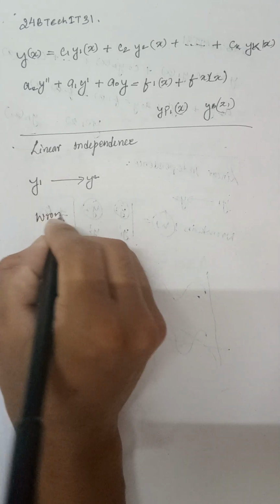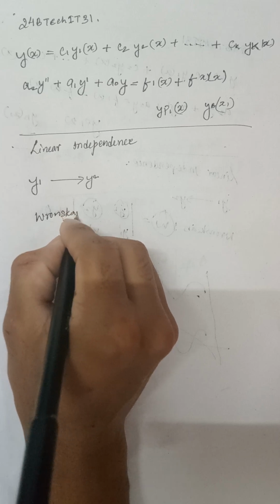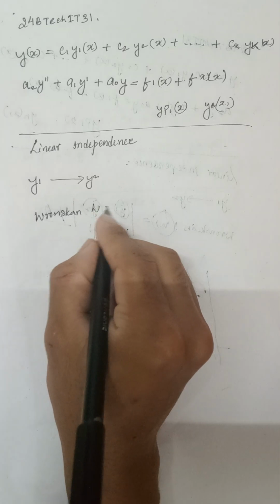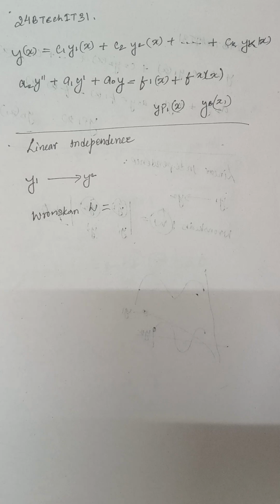The Wronskian is a determinant of a particular type.